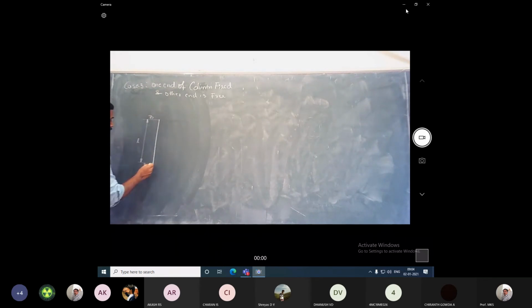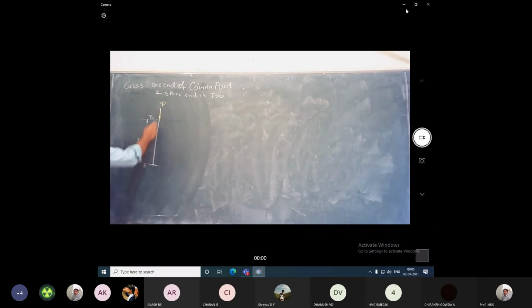So we'll fix the end A, and it is free at the other end. We are going to apply the load at the free end. Let P be the Euler or buckling load, which is acting at the end B.